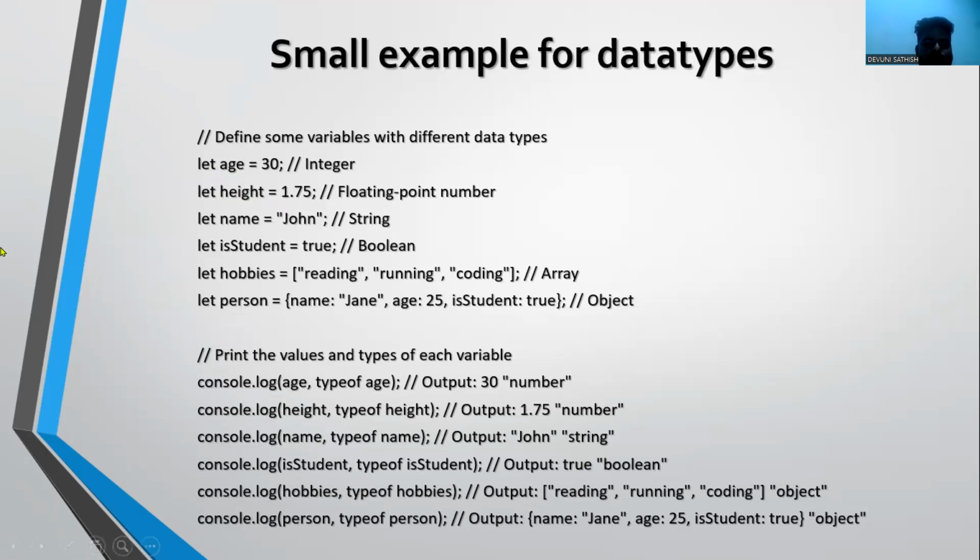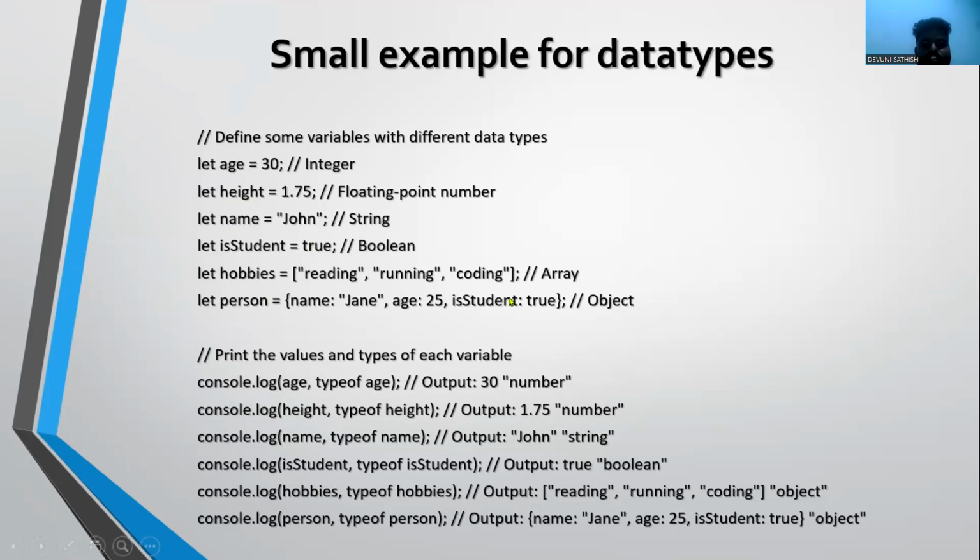As a string I am entering the name as John. Next, it is validating whether John is a student or not. It shows the condition true or false as a Boolean expression.